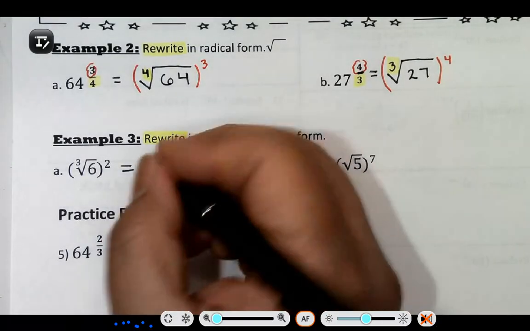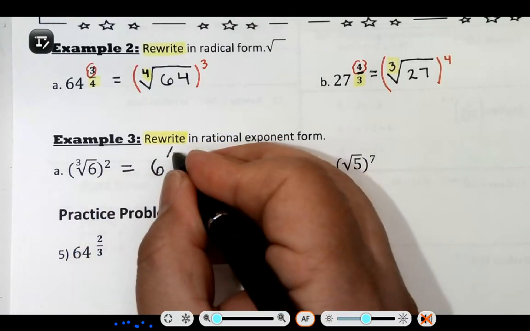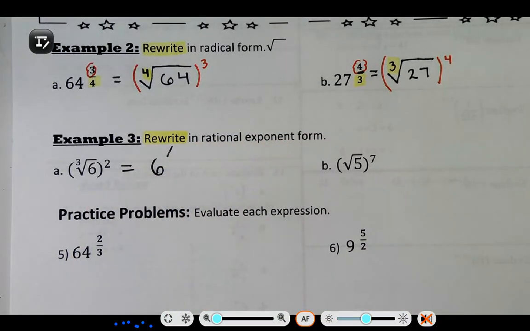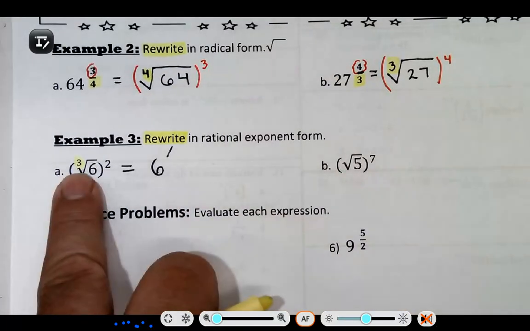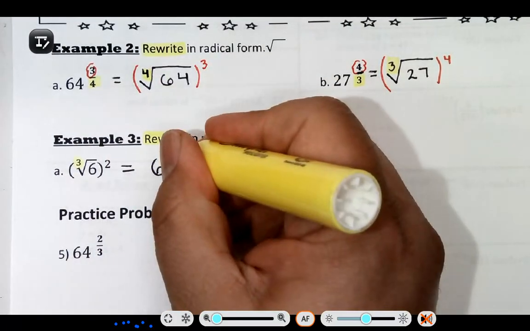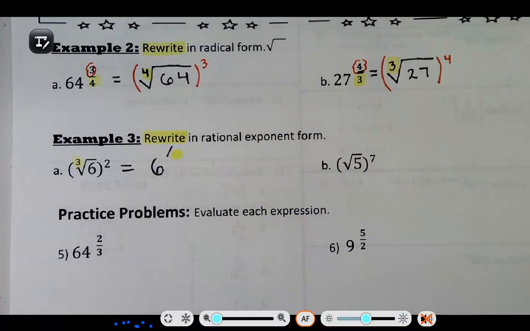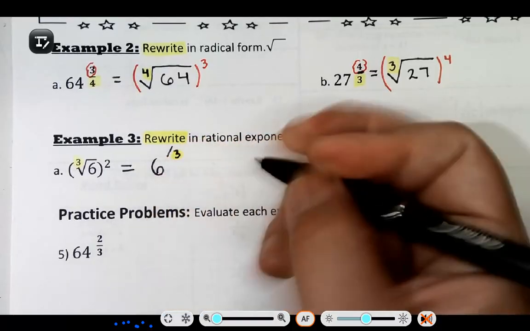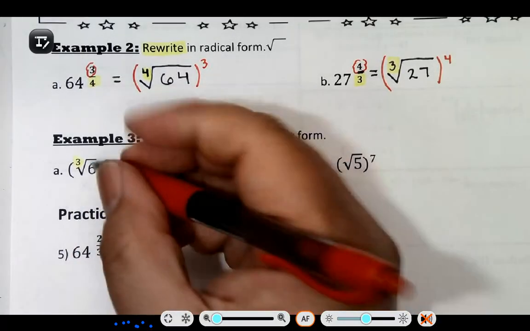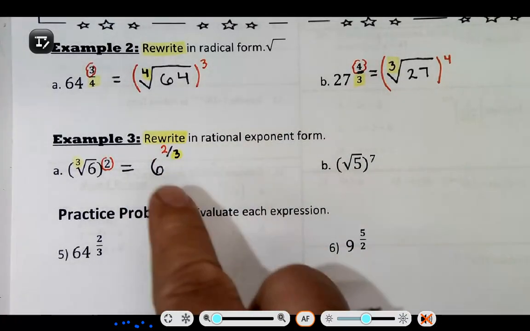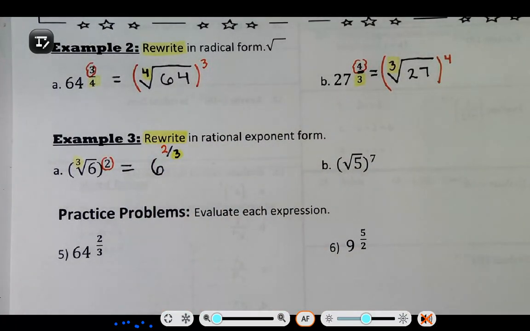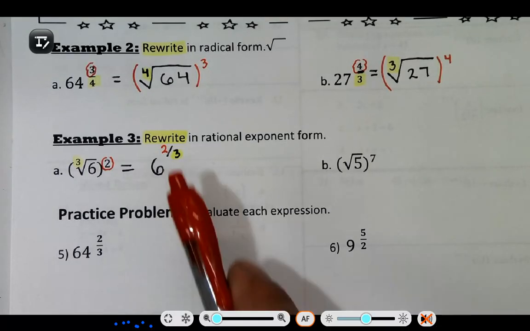Now, what is my denominator going to be? Don't forget where we look. We always look right here. We see the index of 3. The index is your denominator. That's where your 3 should go. And of course, there is a power on the outside. Remember, that's what goes on top. And that's it. There's my answer. I don't do anything else to it. We are just rewriting.